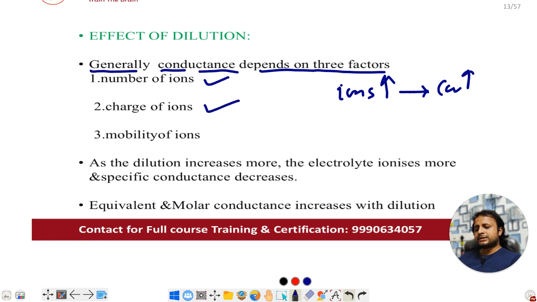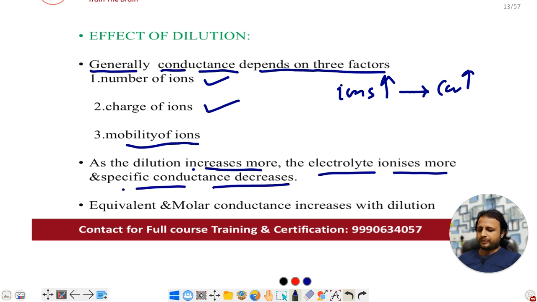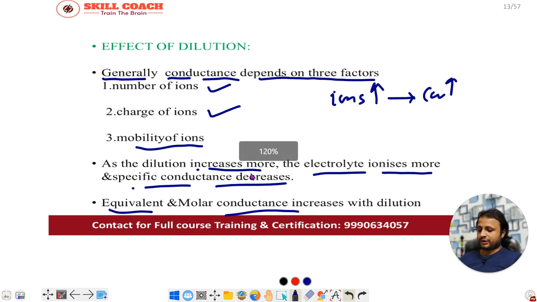Second is the charge of ions; charged particles are called ions, and an ion having a higher charge can move more. Third, the mobility of ions is also very important, because only because of the mobility of ions is the current produced. So as the dilution increases, the electrolyte ionizes more and the specific conductance decreases, and the equivalent and molar conductance increase with dilution.